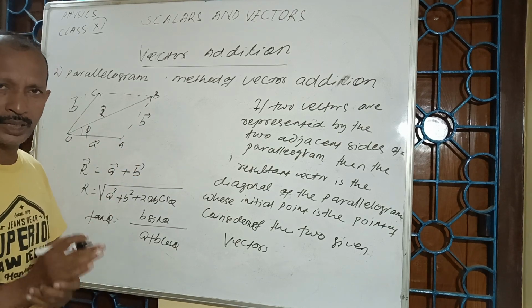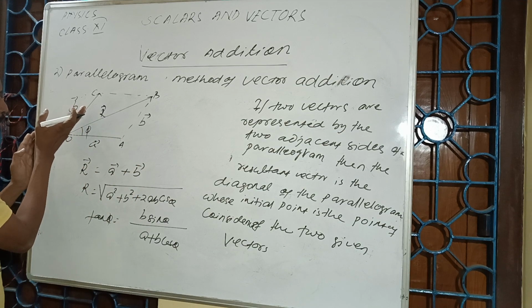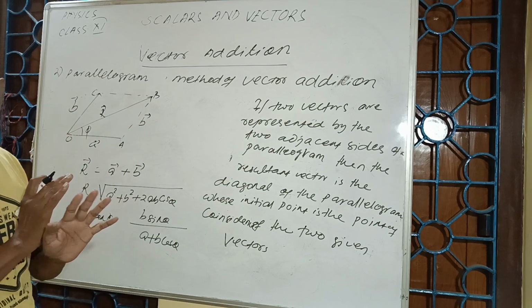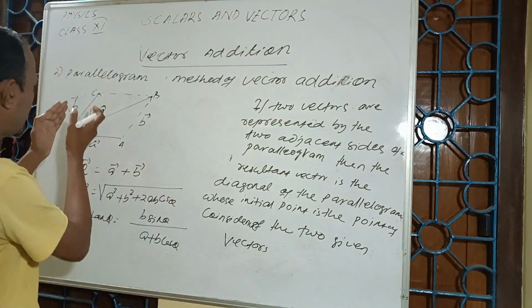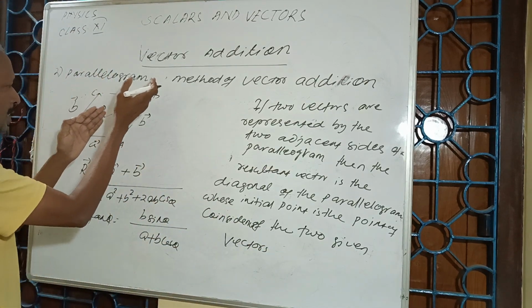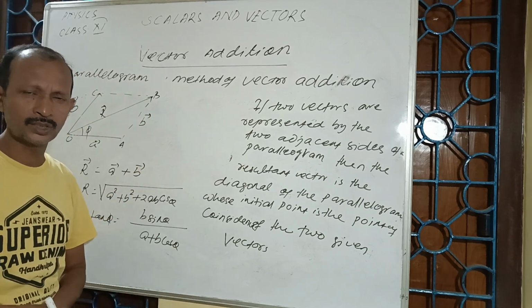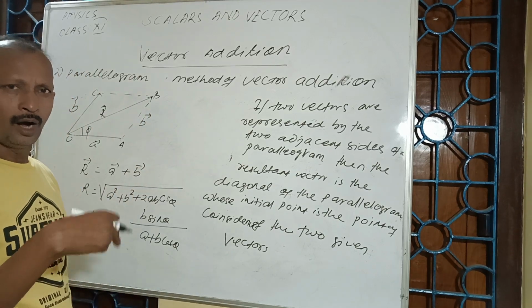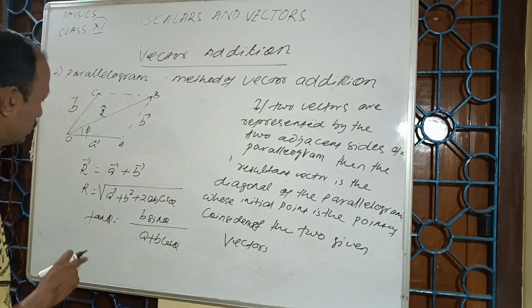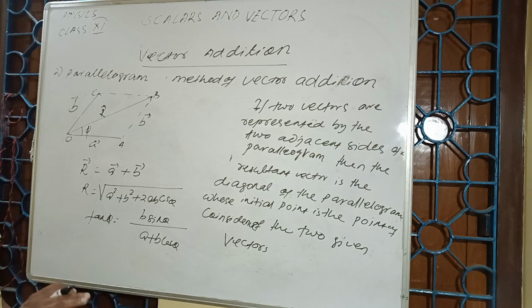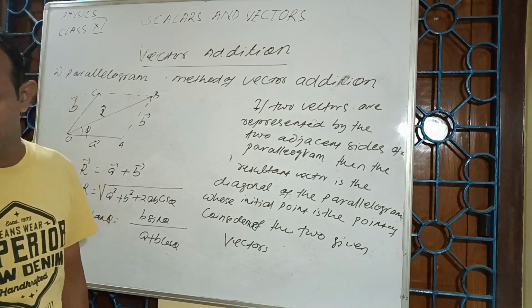In vector, if we shift this one in parallel, there will be no change in the vector. I can shift it parallel, which I shall discuss more in my upcoming videos. So this is about the magnitude and this is about the direction, just like the triangle law.